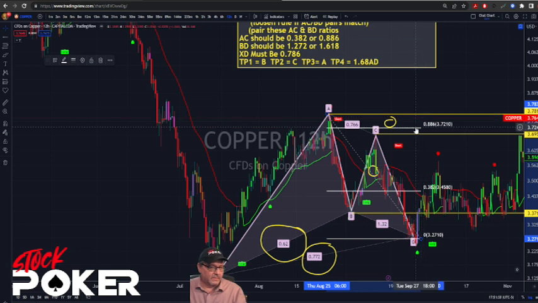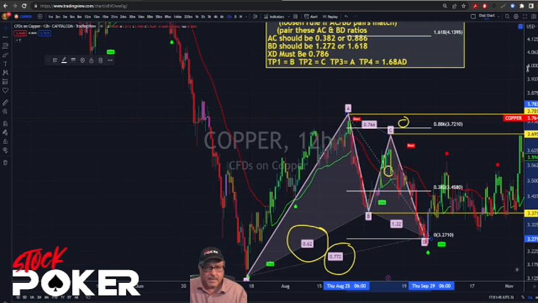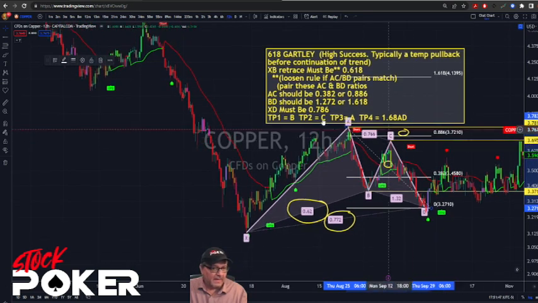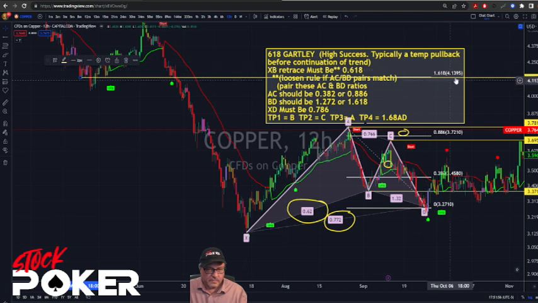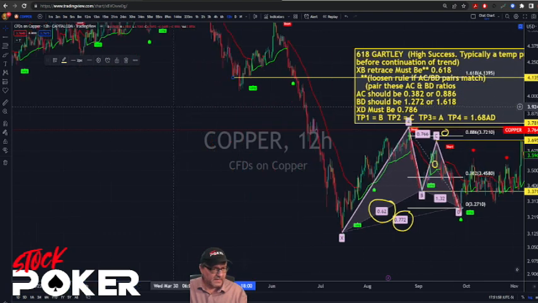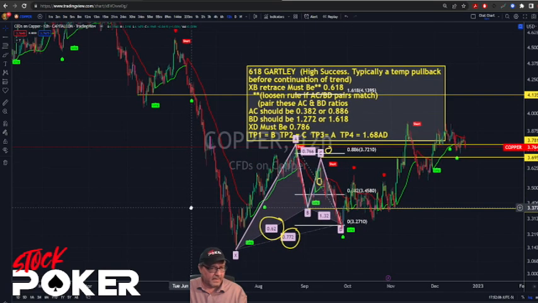Let's go ahead and see where that takes us. Let me turn on the 1.618, and let's put a horizontal line right on that. You can see there's the 1.618, it takes us right back to, kind of recaptures this leg down. And it's kind of funny how that works.